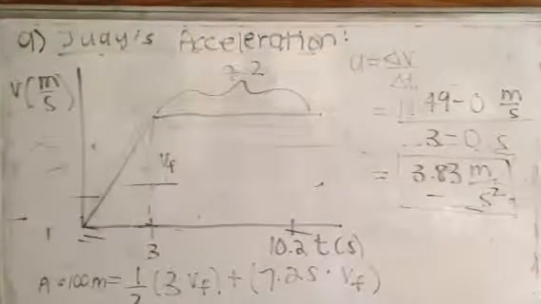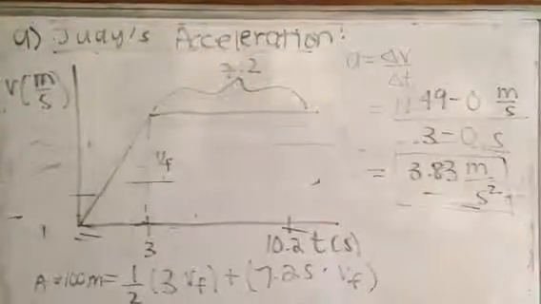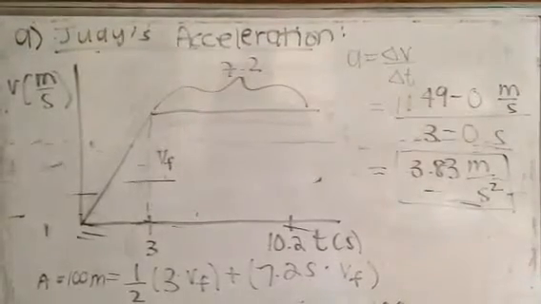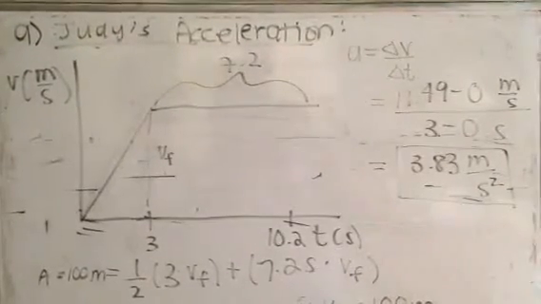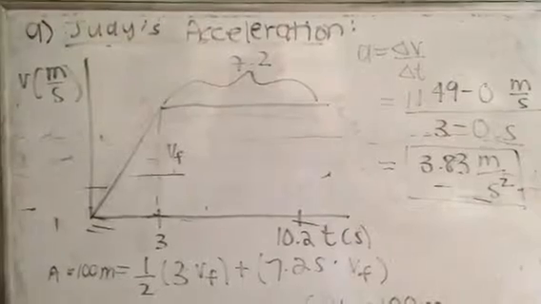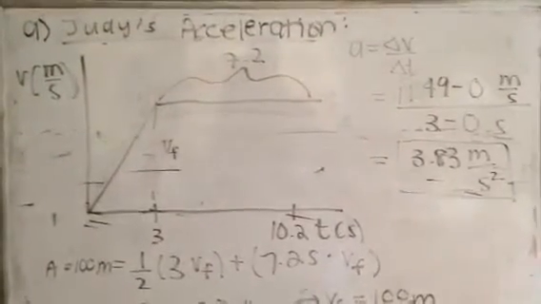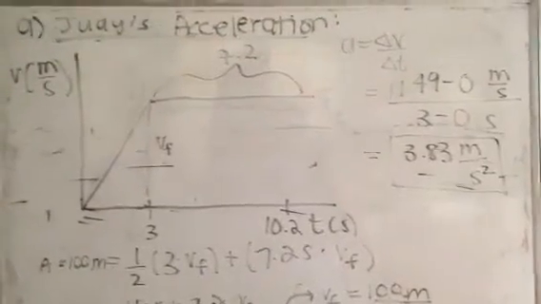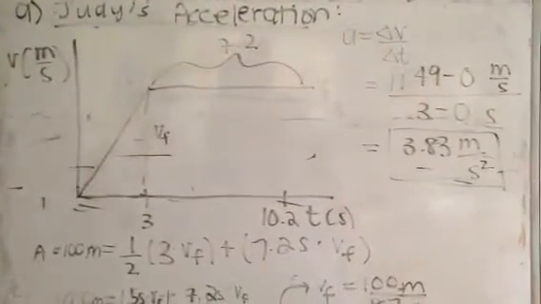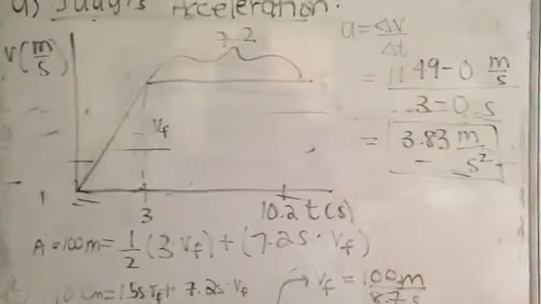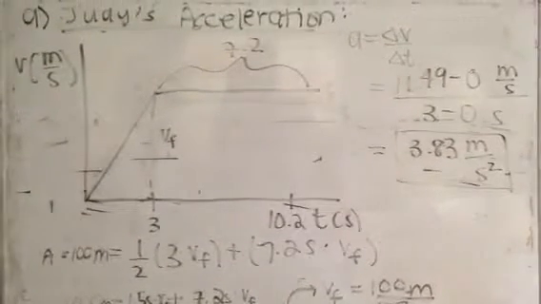Okay, so finding Judy's acceleration is done about the same way. I did the velocity versus time graph for Judy, and she accelerates until 3 seconds and then goes at constant speed. Again, her total area under the graph is 100 meters because they both ran the same distance.